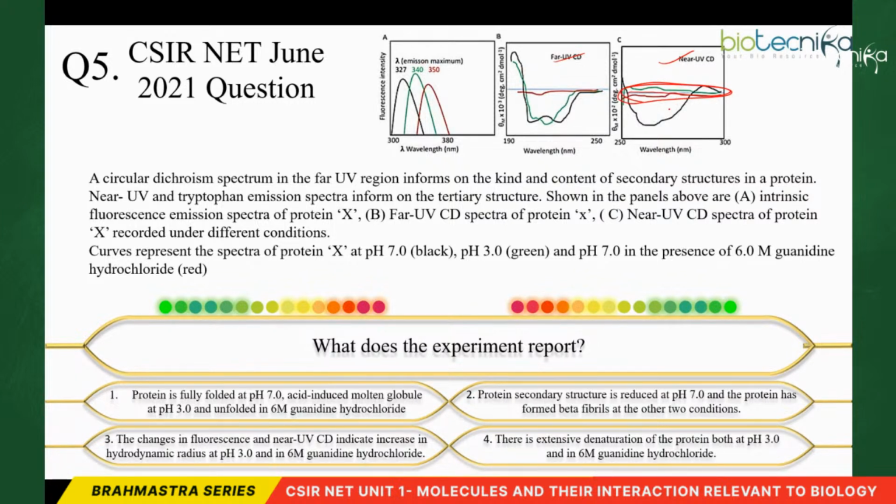Okay, it is only the black color that is showing a proper tertiary structure, but you can see both the green and red color are showing flattened spectral line, which means in both of them these are unfolded. That means the molten globule does not have tertiary structures fully fixed, it has some secondary structures fixed. So that is why in far UV, the green color line, which is treated at pH 3, you are able to see some secondary structures which it is showing. Okay, so that's why one is the right answer.